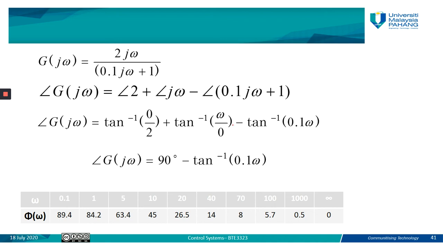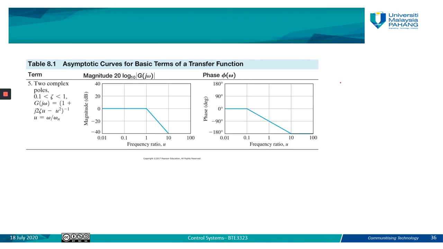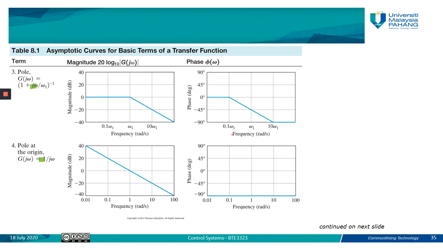Then we have the angle of the first order pole, and for the angle of the first order pole we have 3 points of change. We have the point of the pole itself, then the point of 10 times the pole value, as we can see from this table. This one we want to draw now.